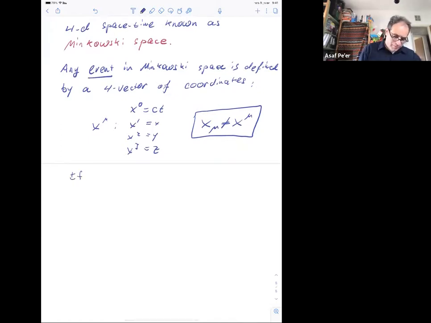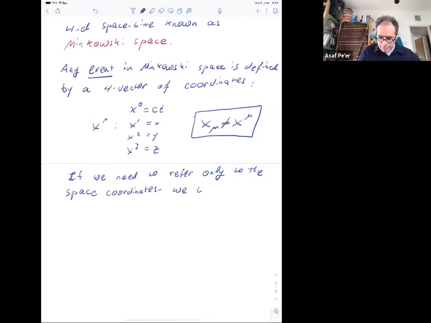So if we need to refer only to the spatial coordinates, we use Latin superscripts.